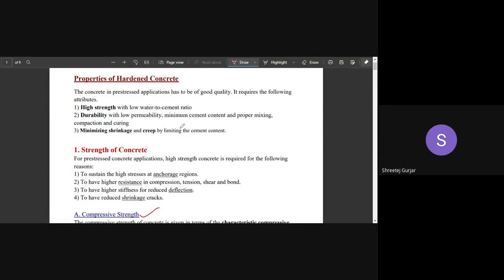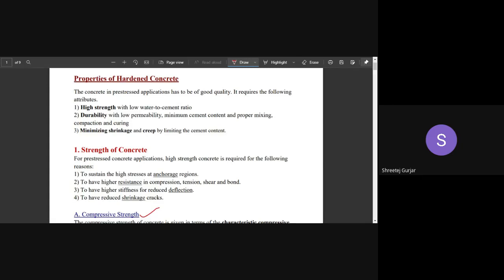And in the next class, we will study creep and we will study shrinkage property of concrete. And after we finish up with properties of concrete, we will head on next into properties of steel. We will study properties of steel and a few properties which we have left in properties of hardened concrete.